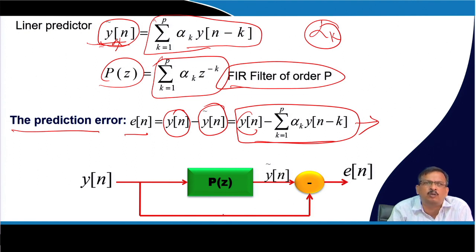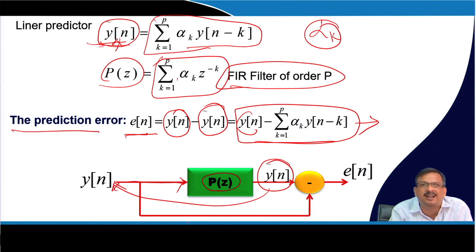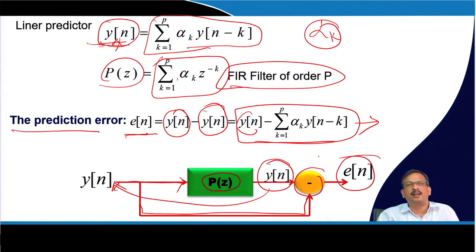So if I told you to draw the prediction error system diagram, I put y n as an input, pass it through P z. P z is nothing but an estimator which estimates or predicts y n from the previous samples. Then I know y n, I subtract them, I get the prediction error. Is it clear?